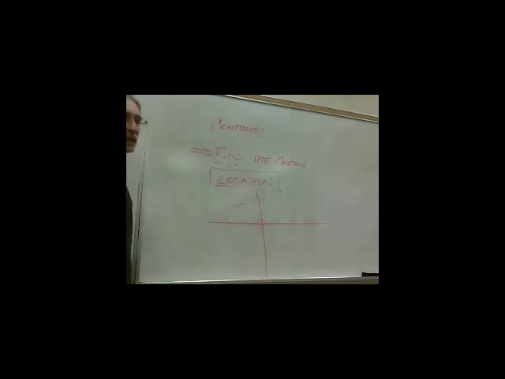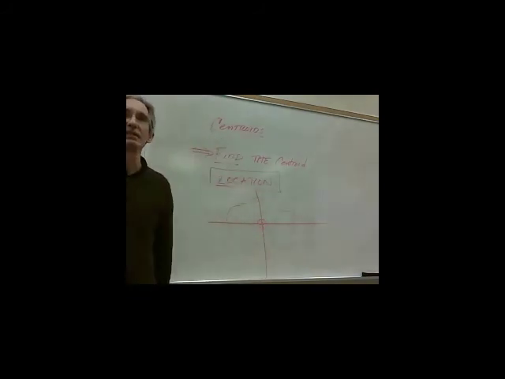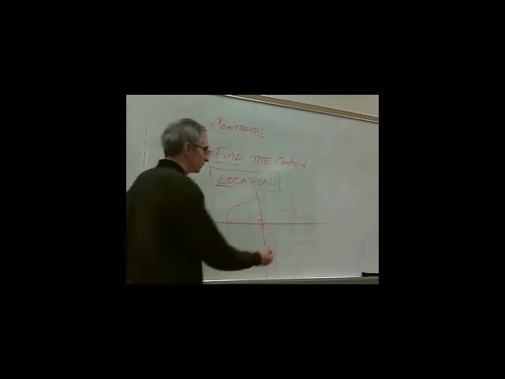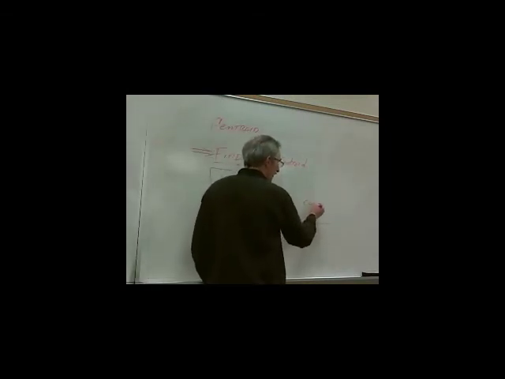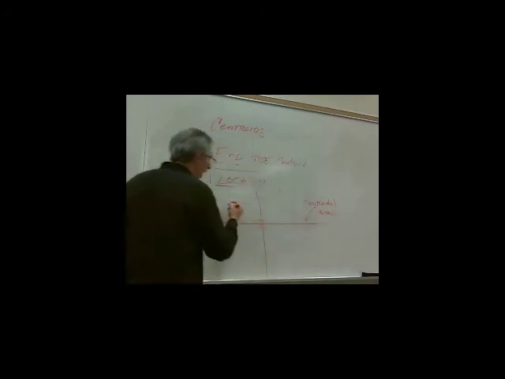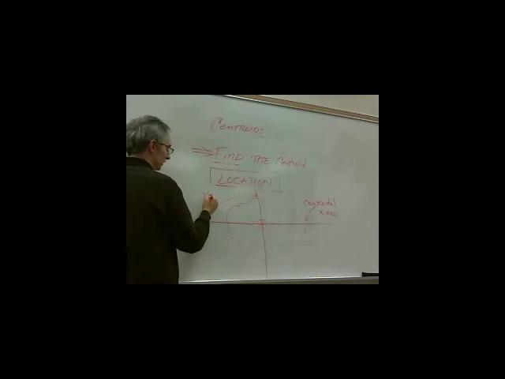is going to be defined by two orthogonal axes. It's going to be defined by an x-axis, which we're going to call the centroidal x-axis, and a y-axis, which we're going to call the centroidal y-axis.